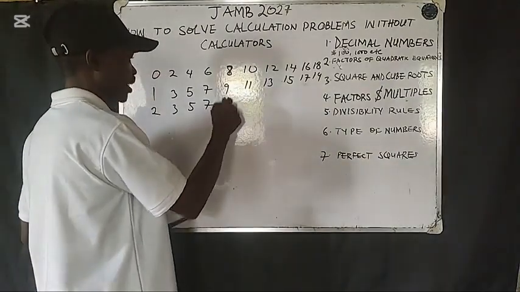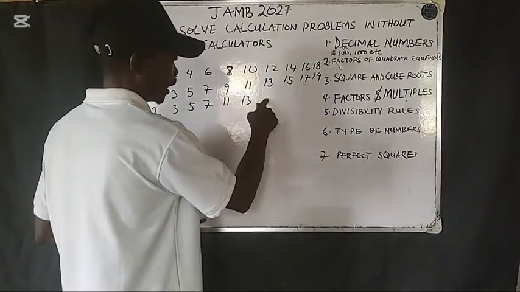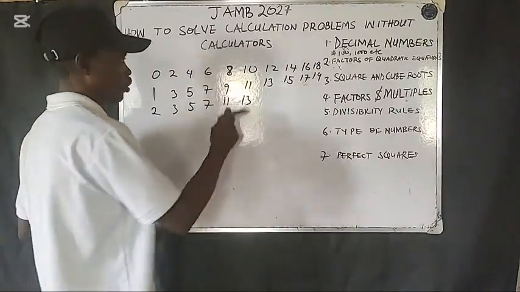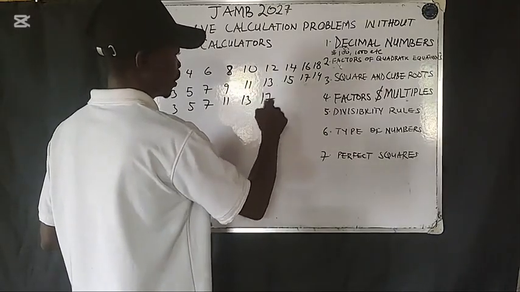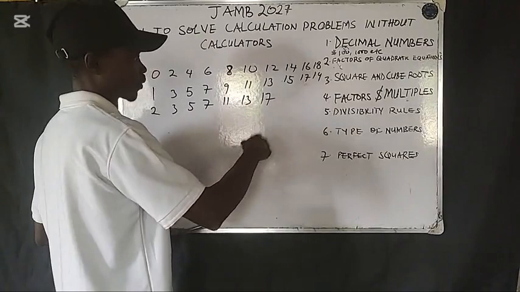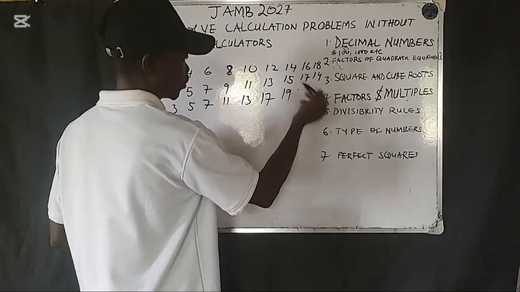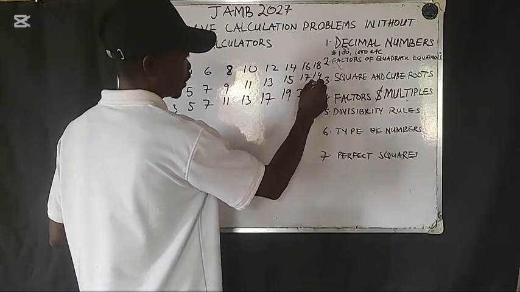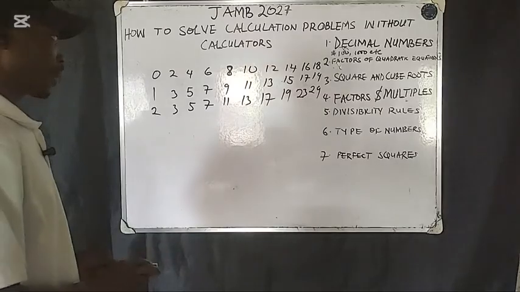So 11 will be the next one, 13 will be the next one, and 15 will not be a prime number because 3 and 5 can go into 15. So from 13, we jump to 17, then 19, then 23, and 29. These are the first 10 prime numbers.